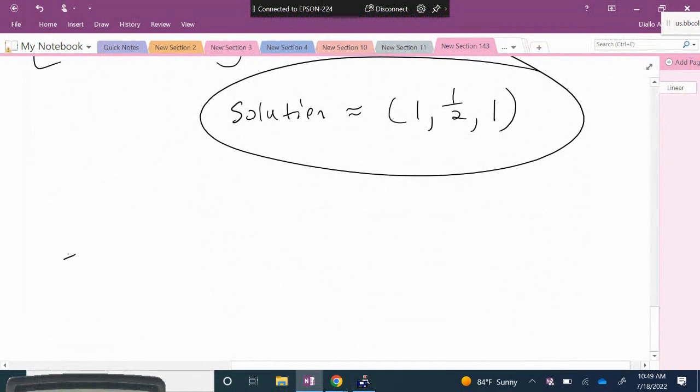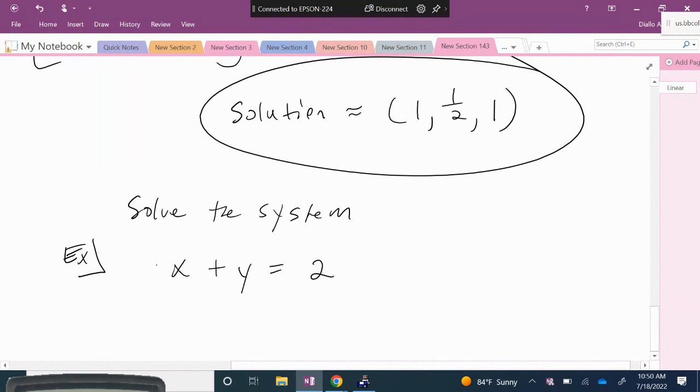Now we're going to take a look at this example. And here again, we want to solve the system. I'm just going to use x plus y is equal to 2.